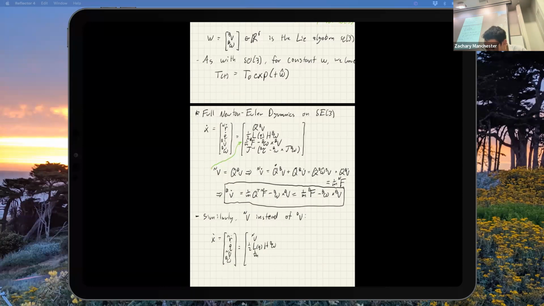This is now just normal F equals ma in the N frame, and this is the same Euler equation stuff in the body frame. All right, I think that's okay.